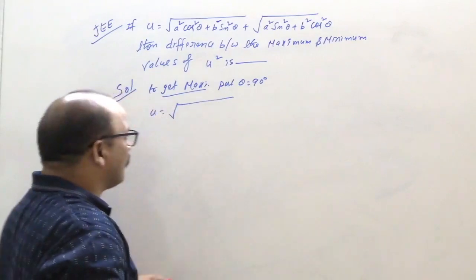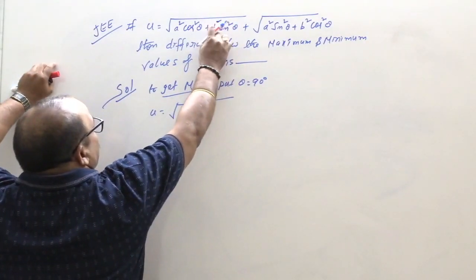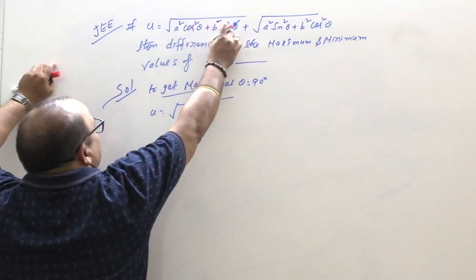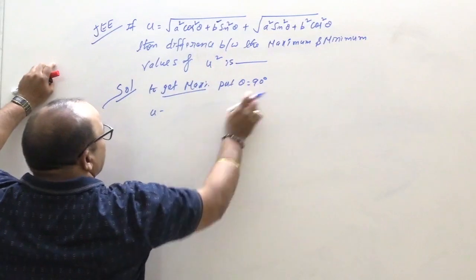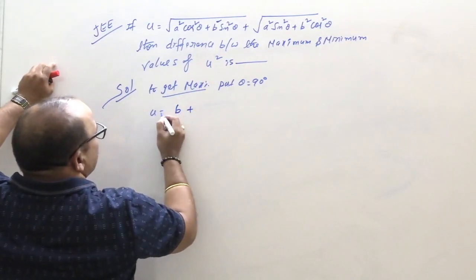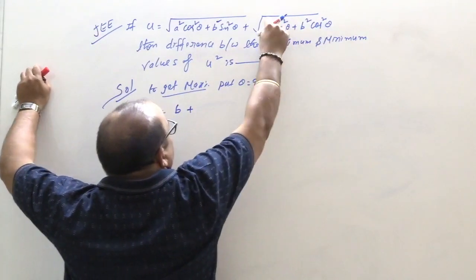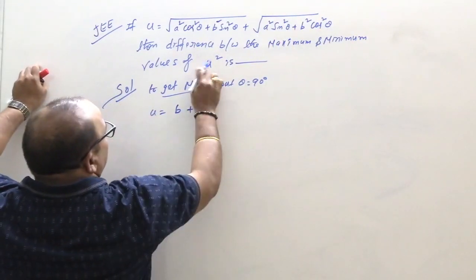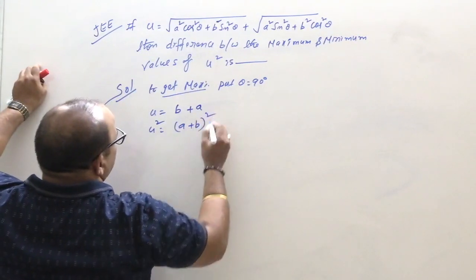That is the background phenomenon. Cos 90 is 0, sin 90 is 1. So if this is 0, this root b square gets cancelled, so b will come. Plus next, sin 90 is 1, cos 90 is 0, root a square will come, a. So the maximum u square is equal to a plus b whole square. This is the maximum value.